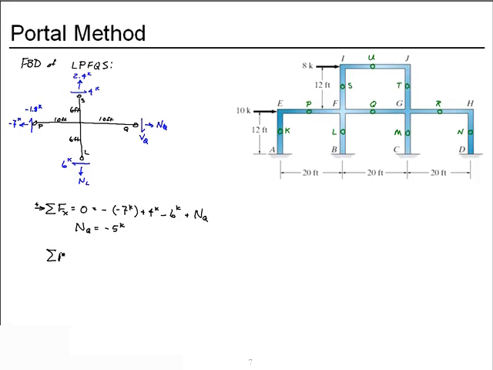Now let's sum moments about point L, since I don't need the unknown at L in order to construct my moment diagram. We'll choose clockwise as positive in this case. We have the minus 1.8 kips shear at P acting through 10 feet. We have in the opposite direction the minus 7 kips normal at P acting through 6 feet.